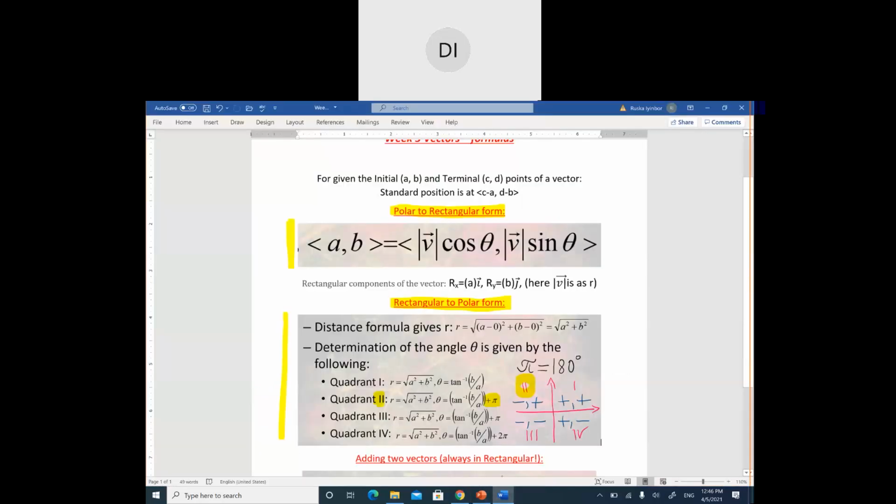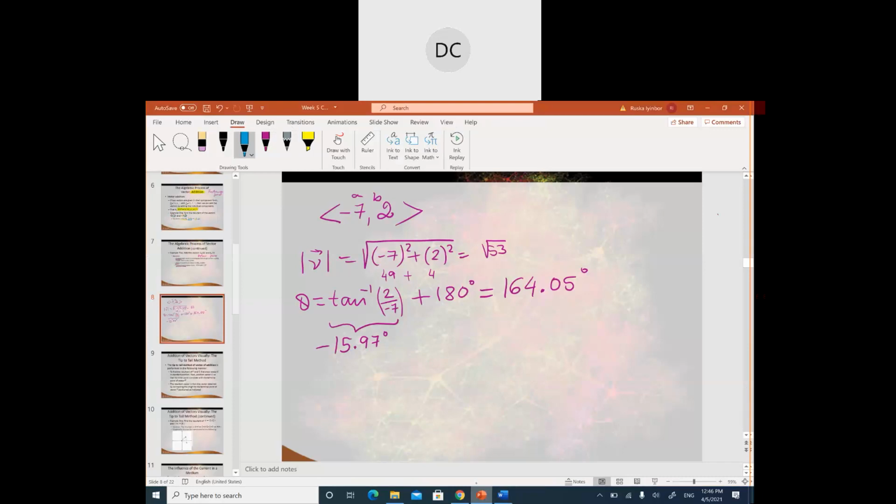Now, on the quiz, would you like for us to identify what quadrant it's in, showing the work? Yes. So when you do your work, this is an example when you change rectangular to polar. A and B are given.